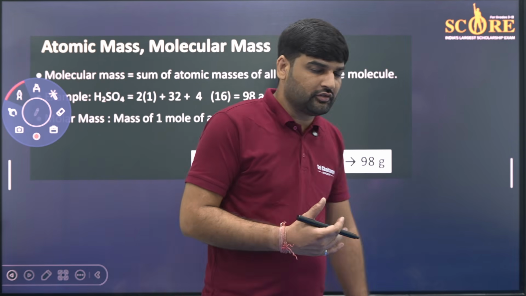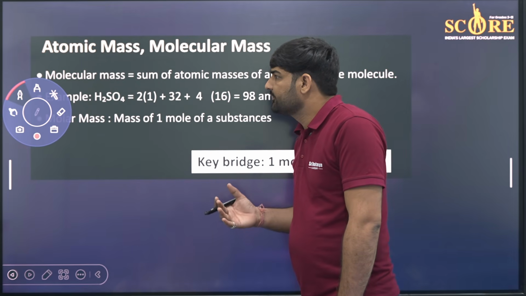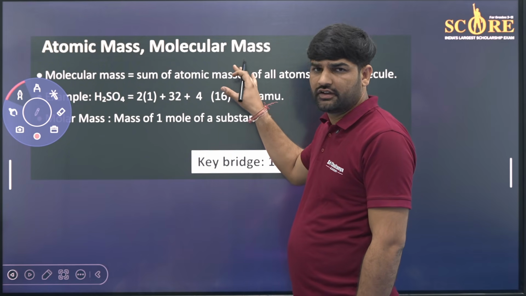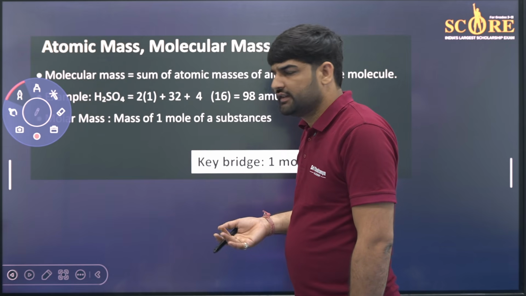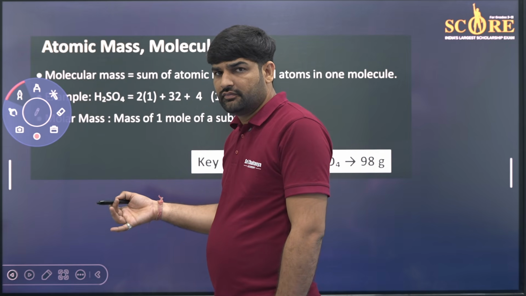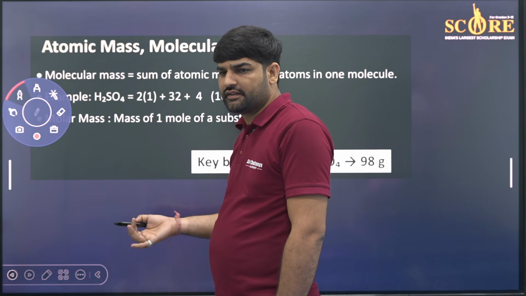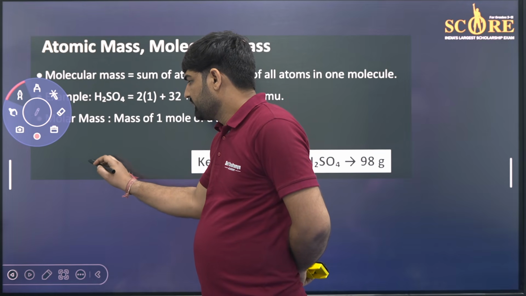So what is atomic mass and molecular mass? Atomic mass means the mass of an atom, and molecular mass is the mass of a molecule. Before this, I want to tell something about atom and neutron, proton, electron, and what the mass of these particles is.